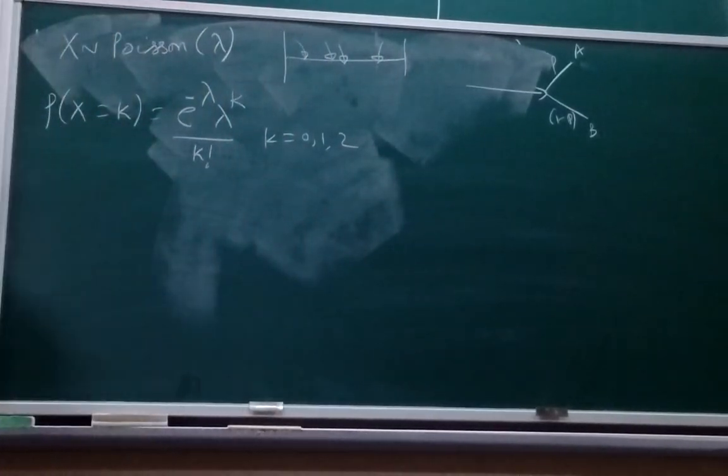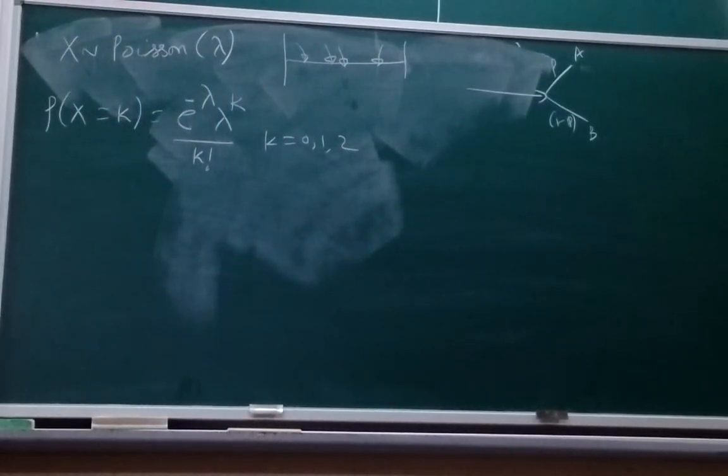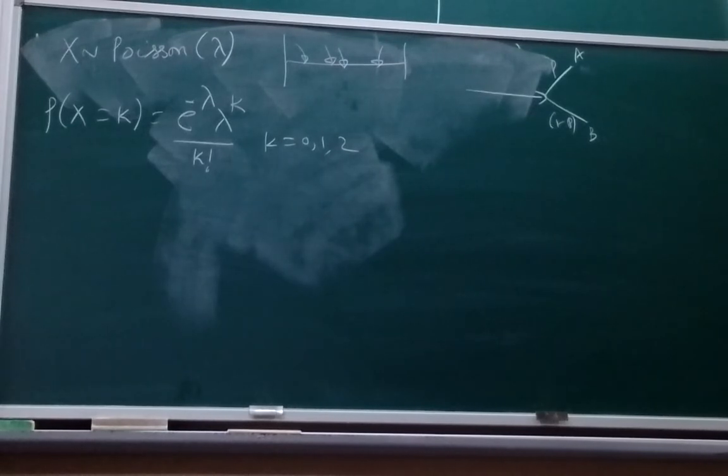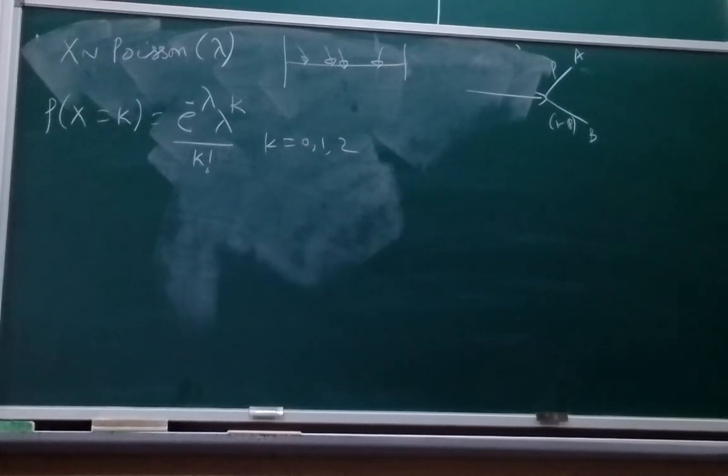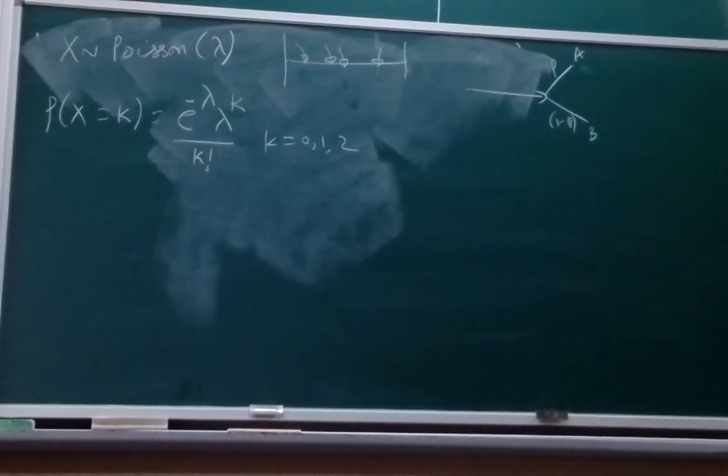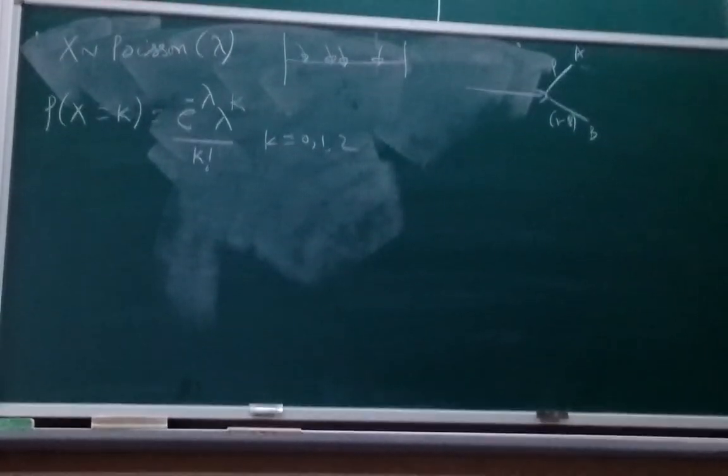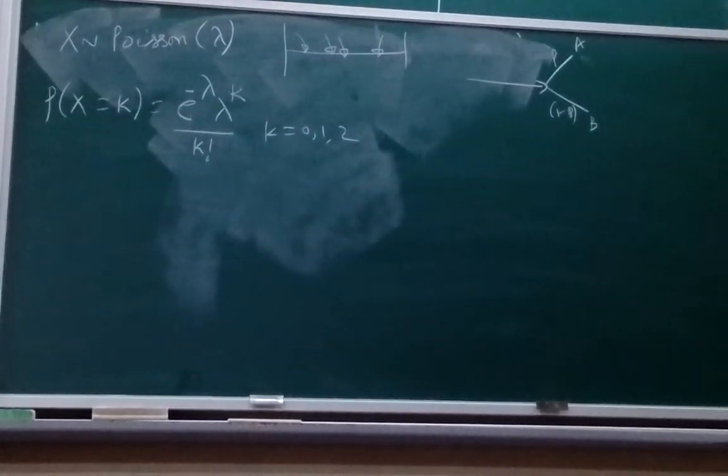For example, the number of births that takes place in our city in a given day can be treated as a Poisson random variable. It can vary, it can be 100 births today, tomorrow 90 births or something like that. So those are all registered in the corporation. Then what we do is we just want to find how many female child, how many male child.